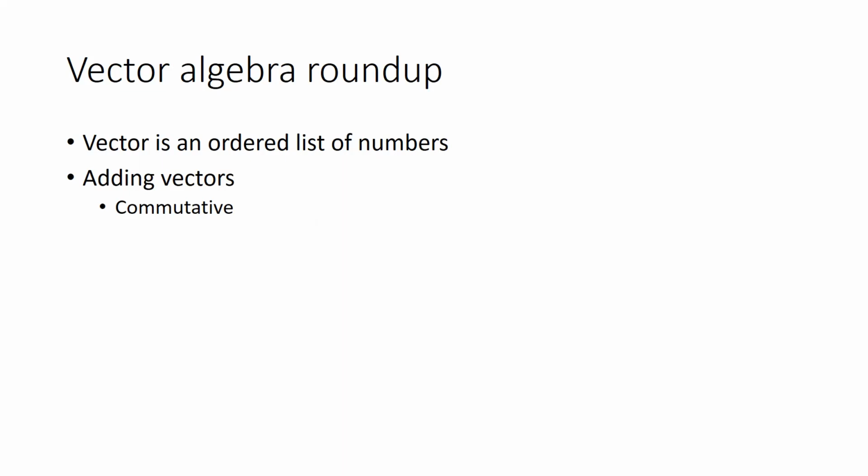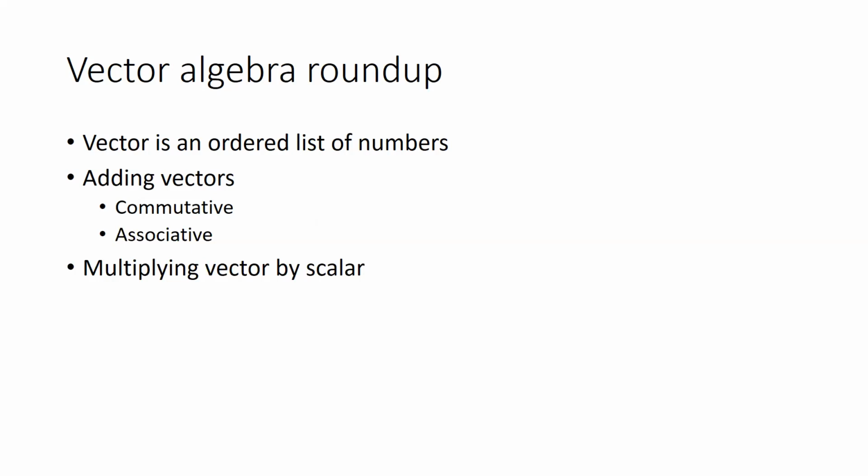Adding vectors is commutative, meaning adding vector A to vector B is the same as adding vector B to vector A. Adding vectors is also associative, meaning if you add vectors A and B first and then add vector C, that's the same as adding A to the sum of B plus C. So vectors follow the same commutative and associative laws as regular numbers.